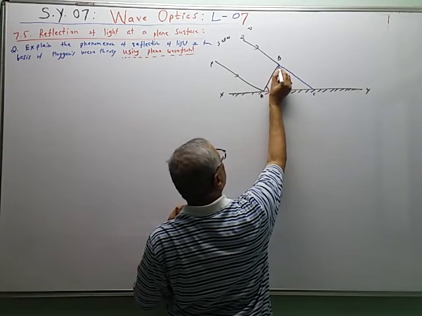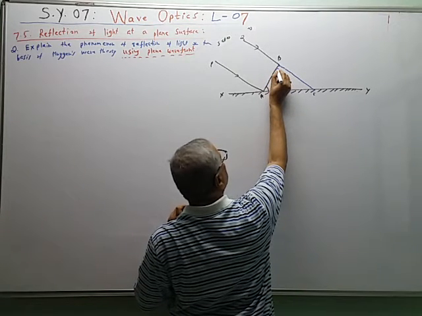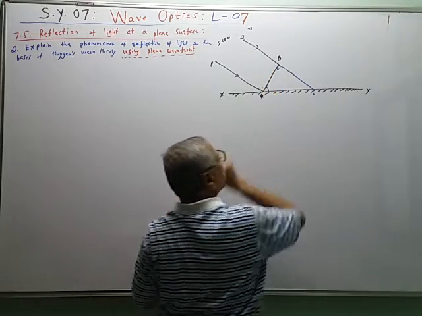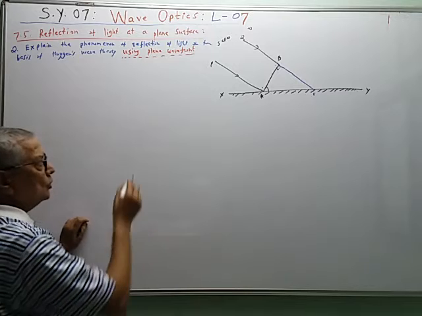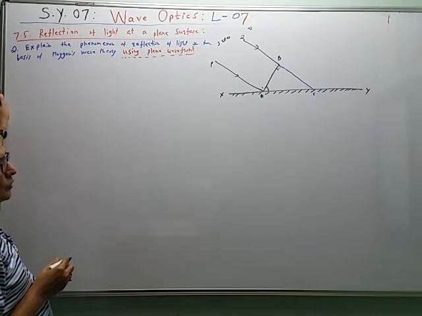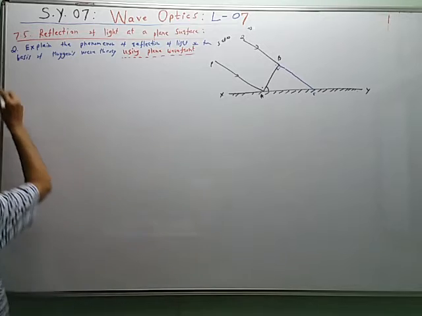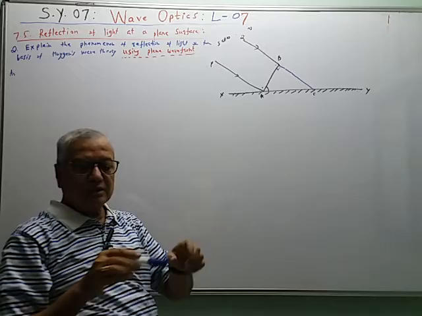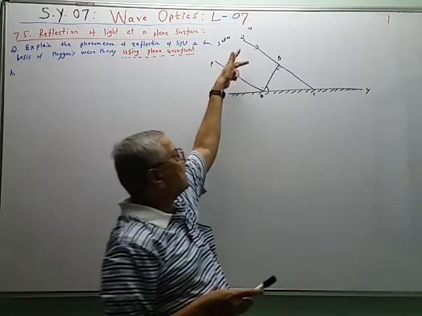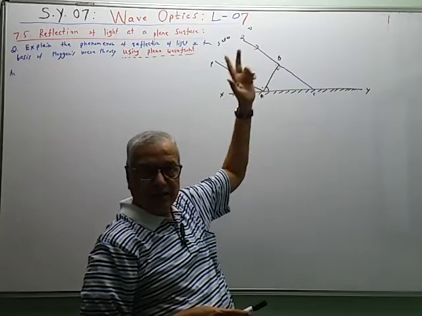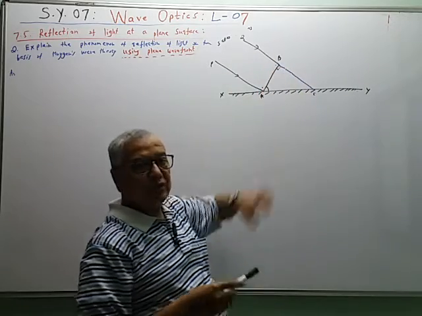The wavefront and wave normal are perpendicular, so this angle is 90 degrees, this angle is 90 degrees, and this angle is 90 degrees, like this. So to cover the distance BC, some time is taken. We will consider that time as t. These primary waves are moving through the air medium above the surface XY, traveling with velocity c.